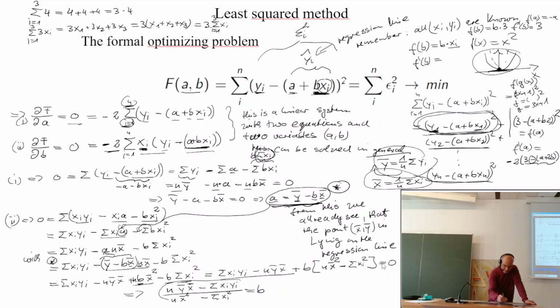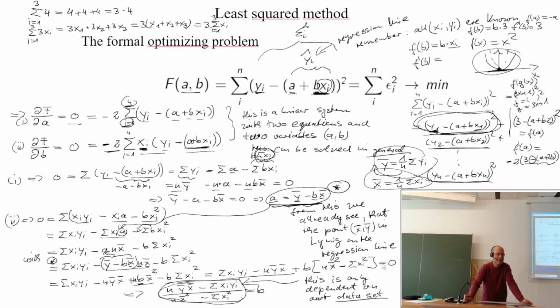And this is only dependent on our data set. Within here, we see that we only have x and y and the amount n of our data set. So this is then just a number.